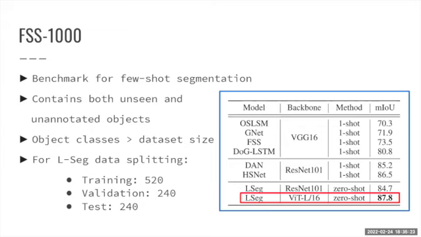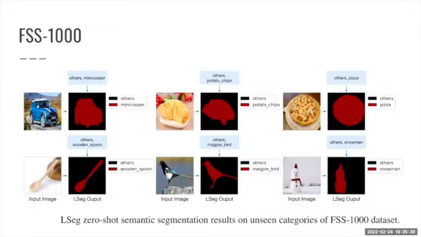So the accuracy, from MIOU, is relatively high as compared to Coco, it's 87.8. Here also they have used Vision Transformer L16. So these are the outputs if we use FSS 1000.